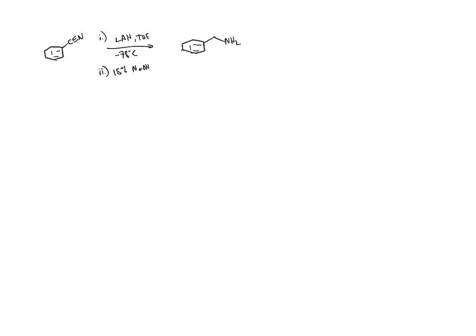All right, so why does this differ from the other hard nucleophiles like the Grignard reagents and the organolithiums? Well, let's draw it out. So we have the aluminum hydride. Aluminum hydride is going to deliver a hydride to the nitrile, and we're going to get an intermediate that looks like this.